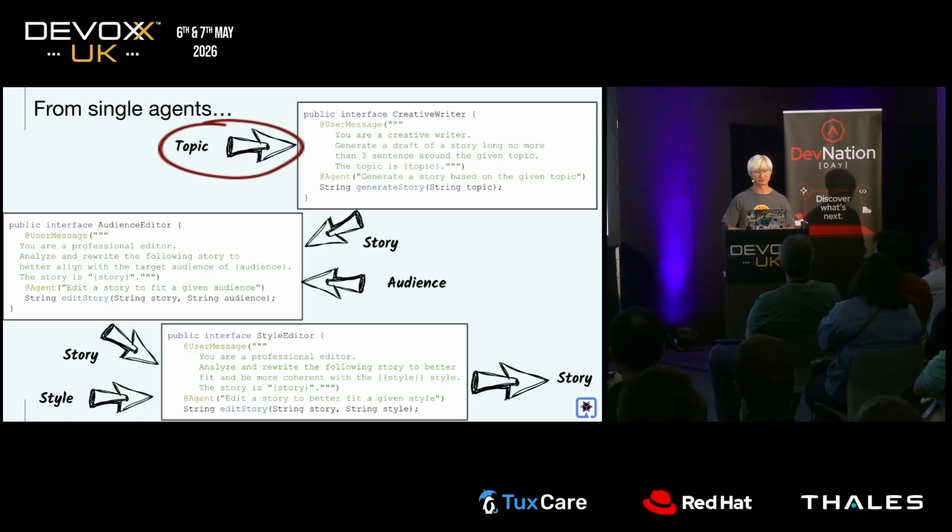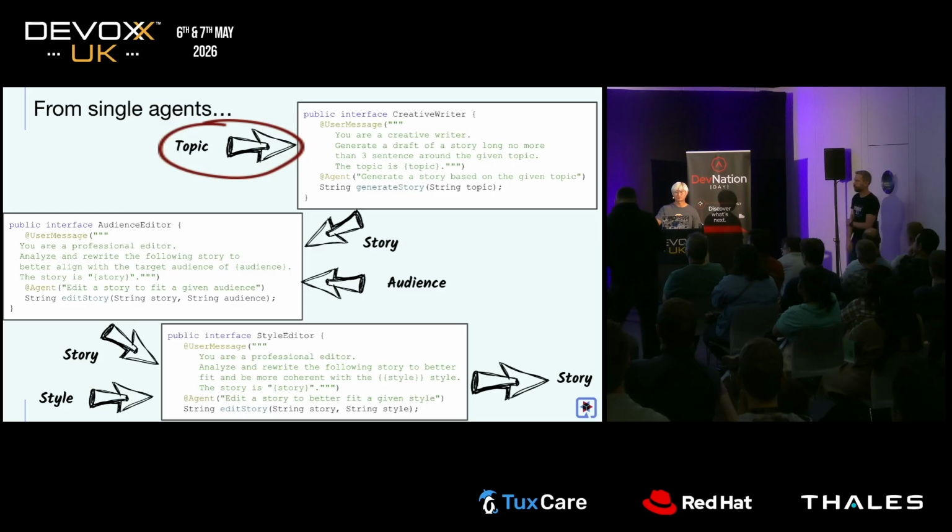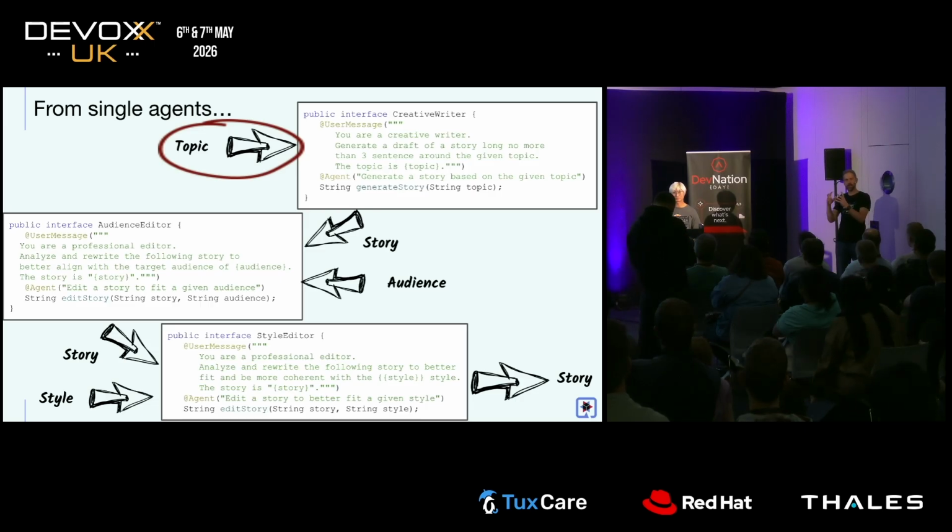Yeah. So a couple of things here. You can see that we have different kinds of agents, right? We have three agents. Could we have just created one AI service and told it, create a story and make sure it's in this style and whatever more? Yes, you could, but then the one agent is not going to know exactly what specifically it needs to do, because you give it a big task.